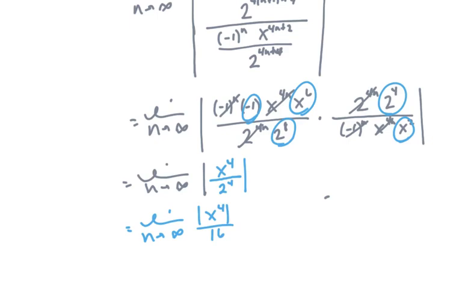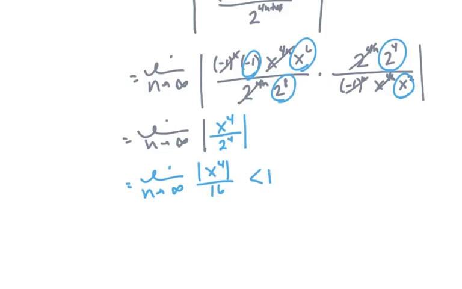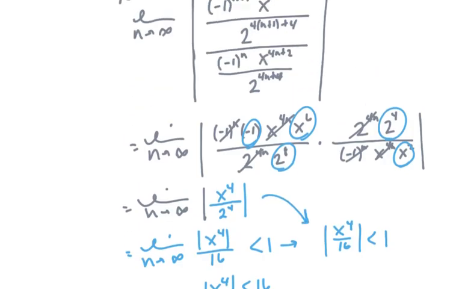Now we know according to the ratio test this converges if it's less than 1. So we know we have the absolute value of x to the 4th is less than 16. Now this could have also been written, the absolute value of x to the 4th over 16 is less than 1. We could have done that from this line up here. The reason that's helpful, and I'm pointing it out, is let's go back.